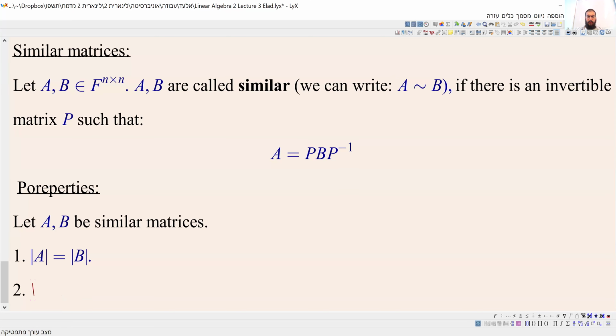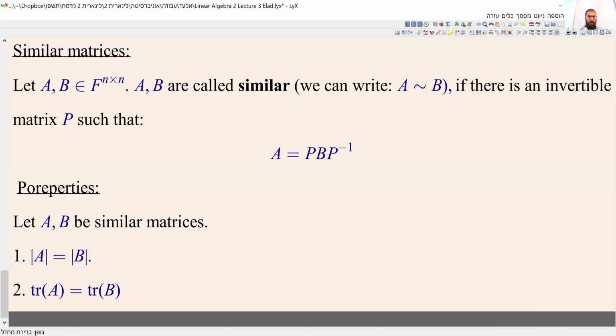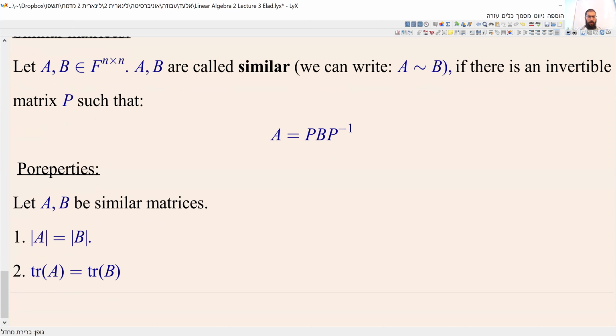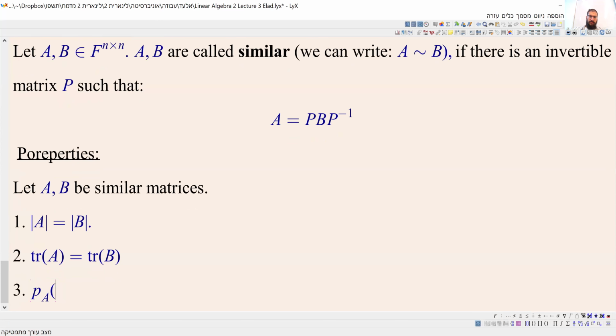Trace is the sum of the elements of the diagonal. Trace A is trace B. Third, they have the same characteristic polynomial, so they have the same eigenvalues.